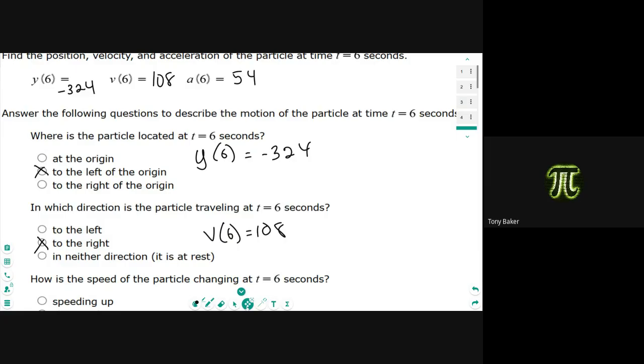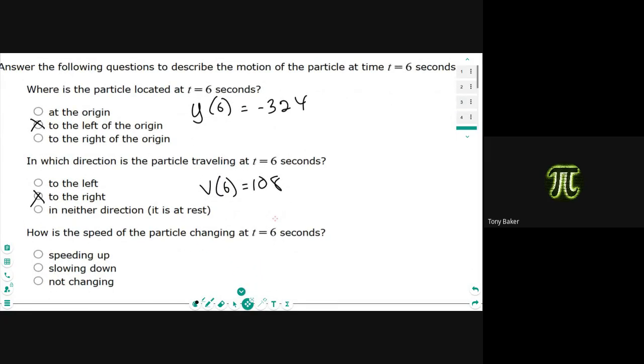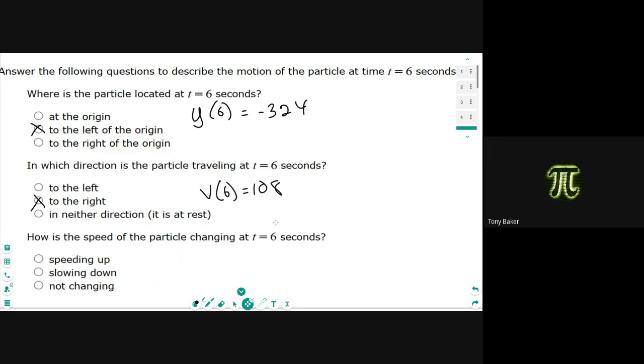And then how is the speed of the particle changing? If we're looking at how speed is changing, we're looking at the what? That's acceleration. So acceleration in this case is 54, right? So is it speeding up, slowing down, or not changing?